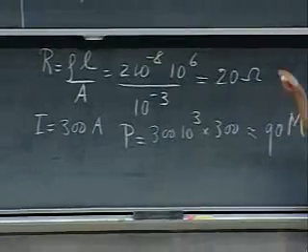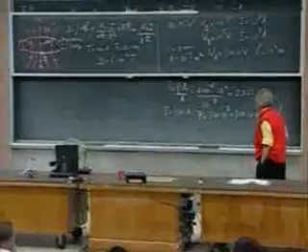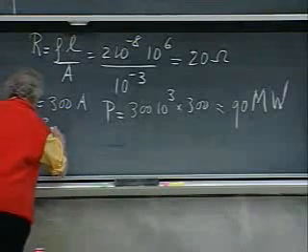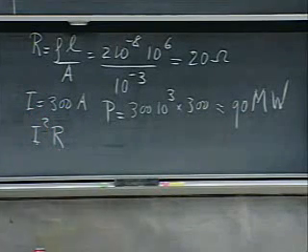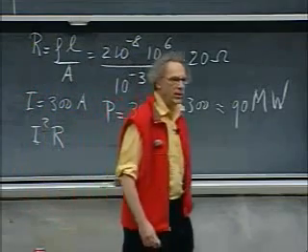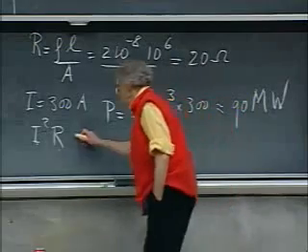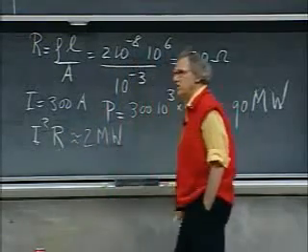That's close to the 100 that I had in mind earlier. So you can calculate now what the loss is. The loss is I squared R. You know R is 20 ohms. You know I, 300 amperes. And so you'll find now that you have about 2 megawatt loss. That's not bad, 2 out of 90. So you have about 2% energy loss in transportation.